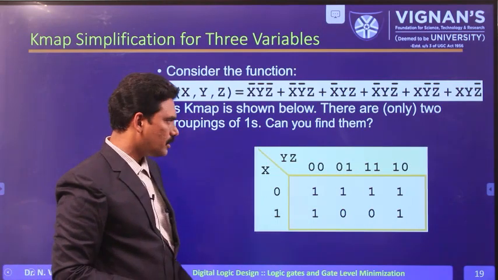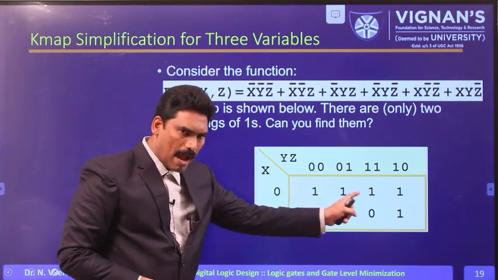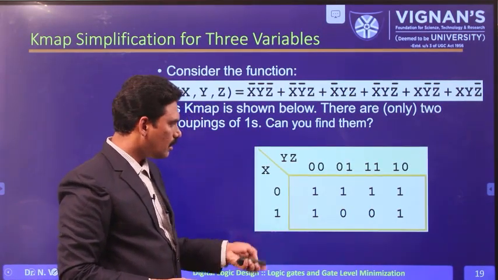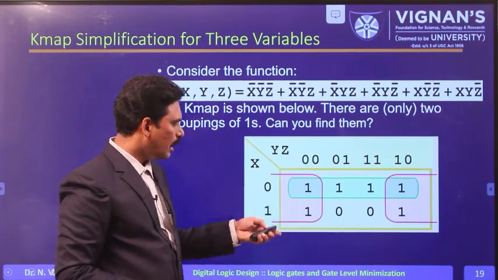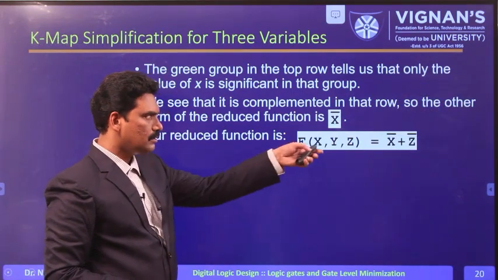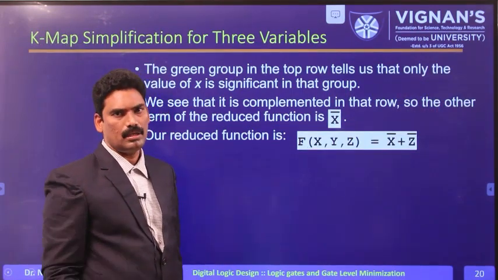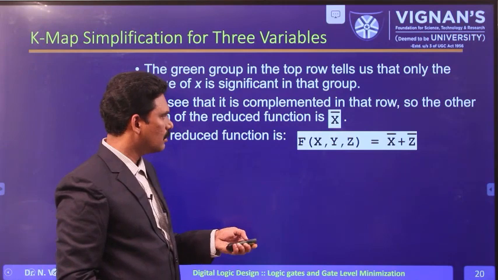So what is the first term? We have mapped all the ones, and grouping is possible like this. And here, the expression is X bar Z bar. This is the answer for this.